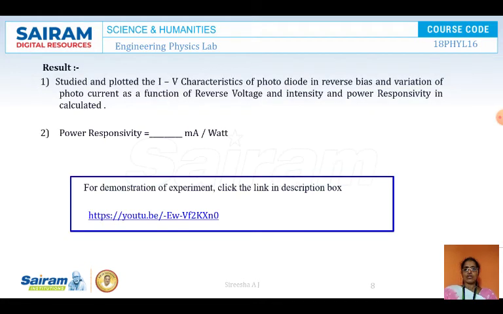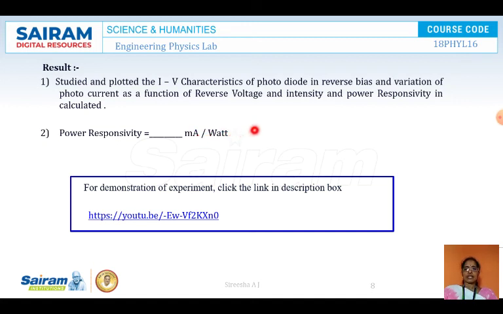That is what we are going to write in the result. Studied and plotted the IV characteristics of a photodiode in reverse bias and the variation of photocurrent as a function of reverse voltage and intensity, and the power responsivity has been calculated. Whatever slope you have calculated, the power responsivity is given as dash milliamps per watt.